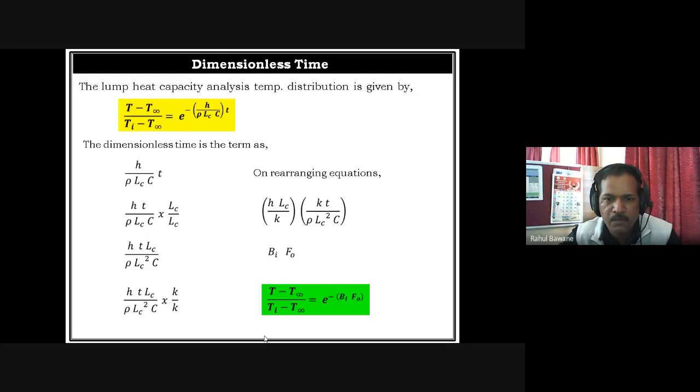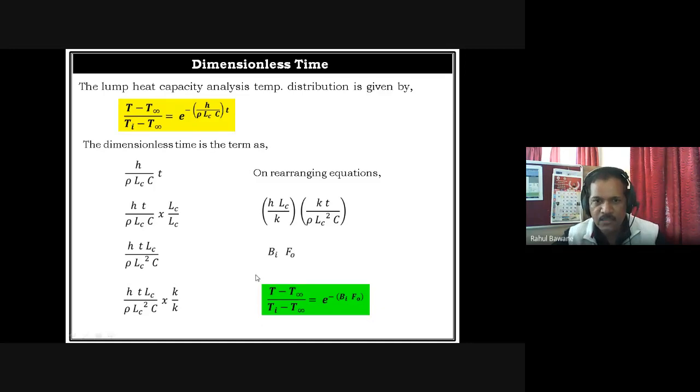So our formula can be changed: T minus T infinity upon Ti minus T infinity is equal to e raised to the power minus Biot number times Fourier number. Such kinds of numericals were previously asked by the university 2 or 3 times, but the derivation is frequently asked.